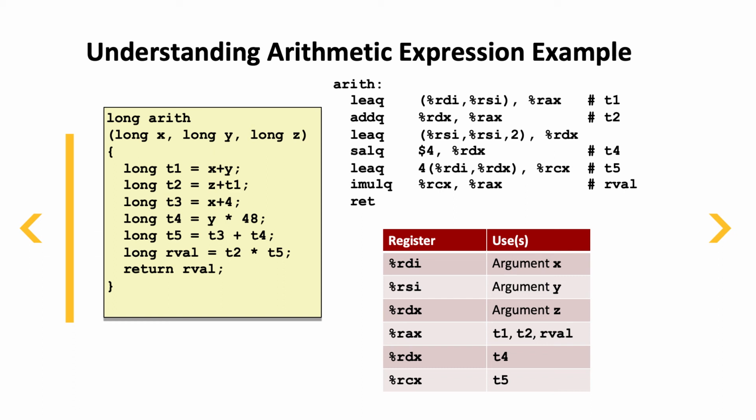Keep in mind what things are doing, and you might have to get in and really dig into exactly what is in each register and what each of these commands does, because compilers are very clever. They're going to save cycles wherever they can. So this is a great example of where assembly is not necessarily going to look like a one-to-one match to what's going on in the C code.